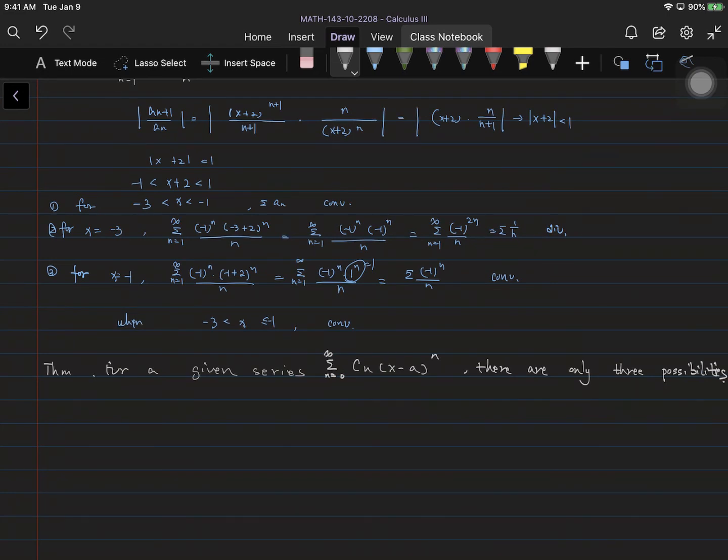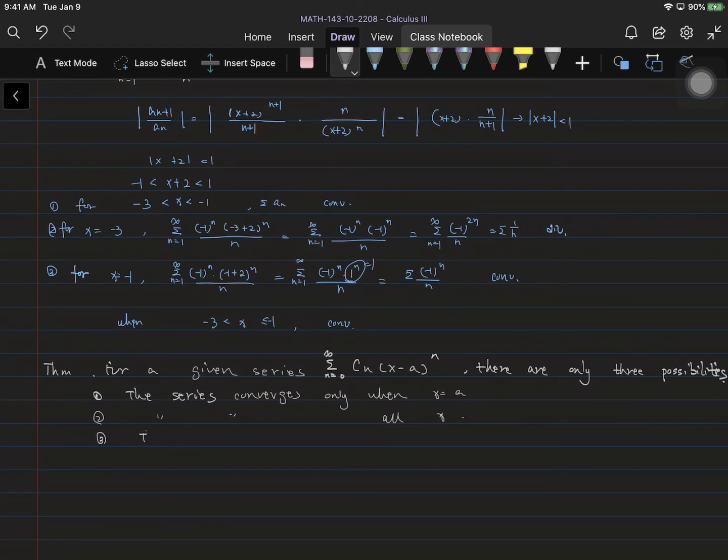The first one, the series converges only when x equals a. The second one, the series converges for all x.